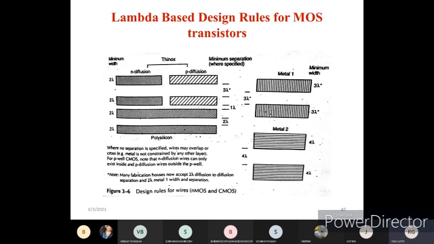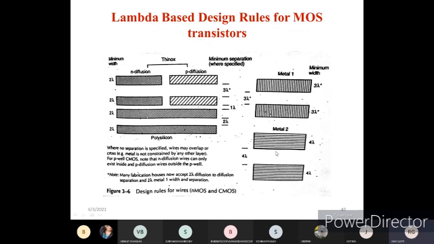We have written a star for these because, depending upon the fabrication, it may go to 2 lambda or 3 lambda, or we may go to 4 lambda also, depending upon the circuit we are going to design in the fabrication process. And the distance between metal 2 to metal 2 has to be 4 lambda.